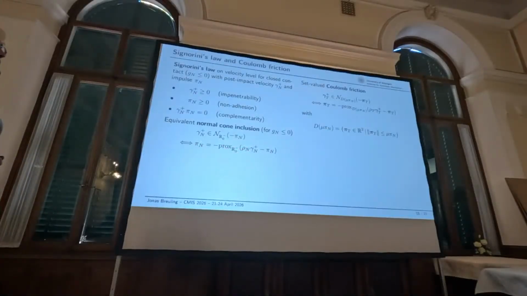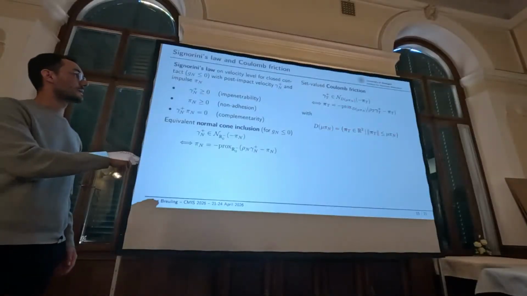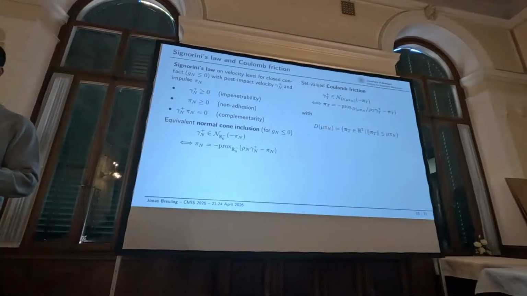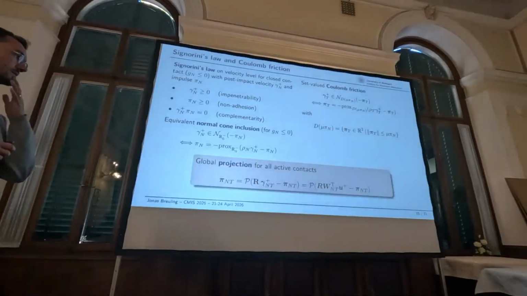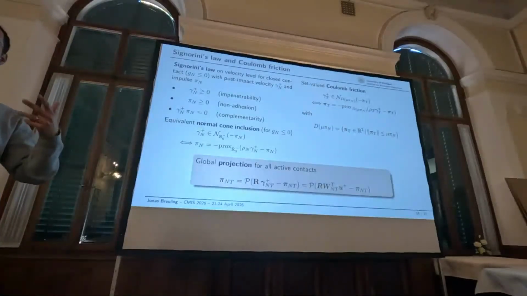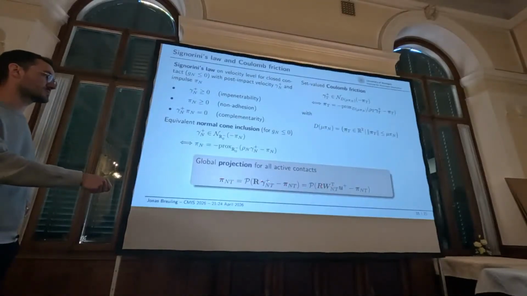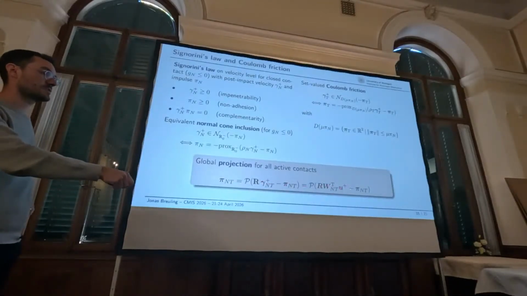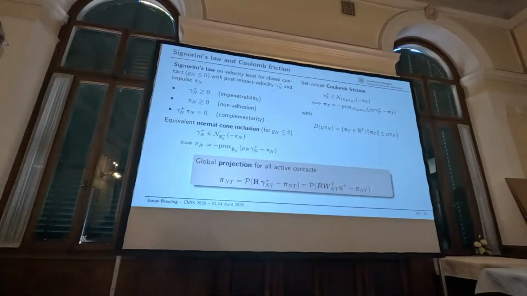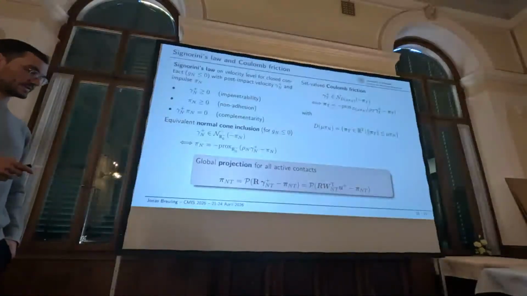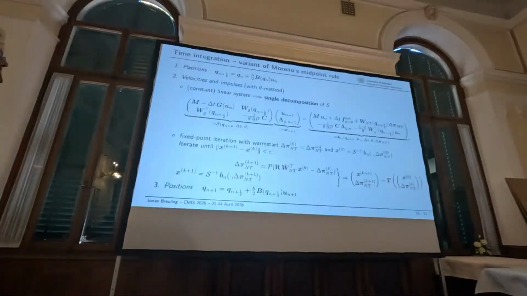Same for Coulomb friction, it can again be written as a normal cone inclusion with some set, here it's a disk, and again, it's a projection. So overall, we can do a global projection, or for each contact pair, we can define projection from the generalized post-impact velocities to our forces or impulses.